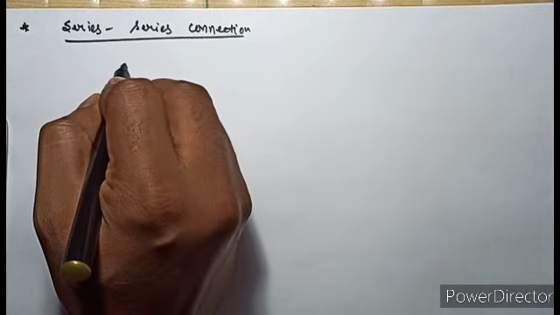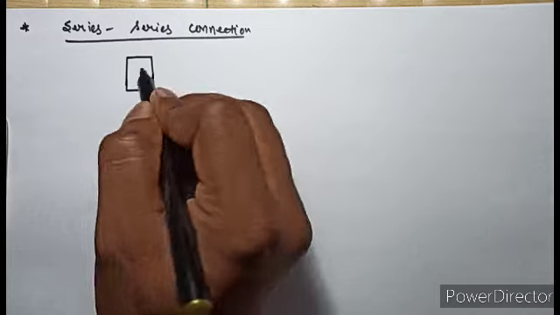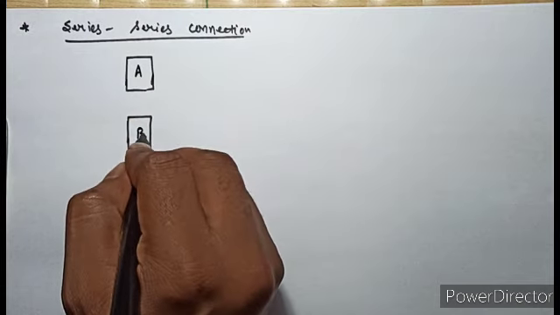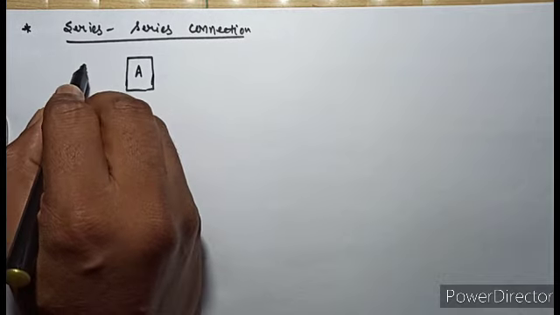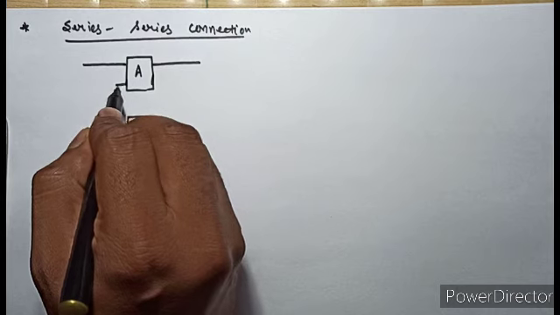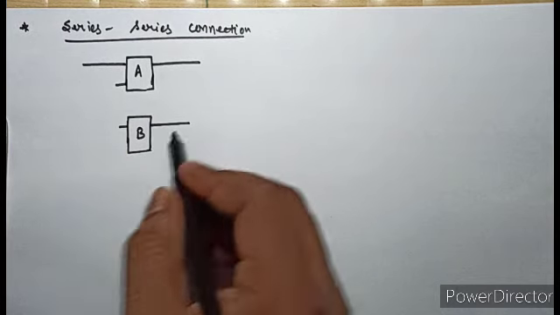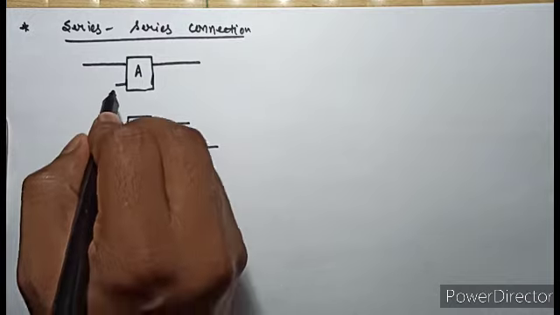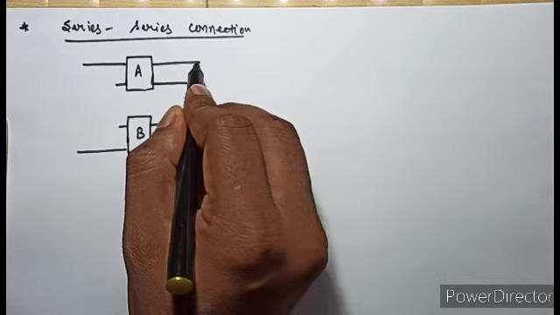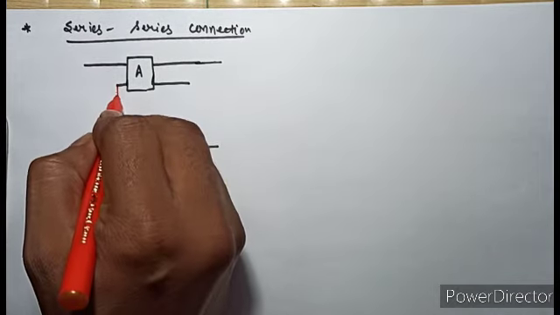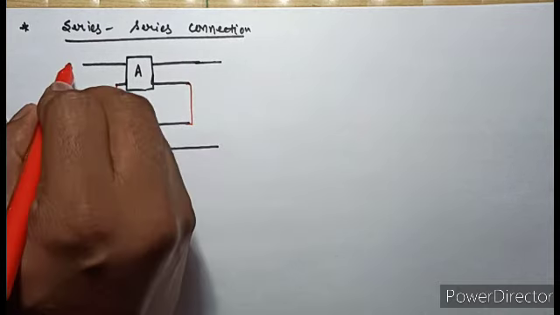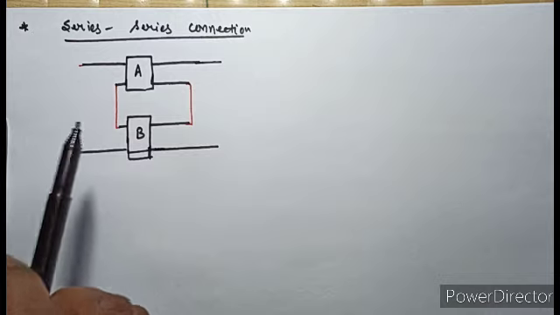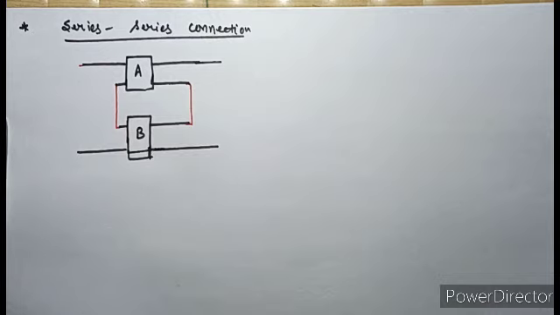Now see, when two-port network 1 and network 2, let us say this is network A and network B, are connected in this arrangement, then we say that these two-port networks are connected in series, right?